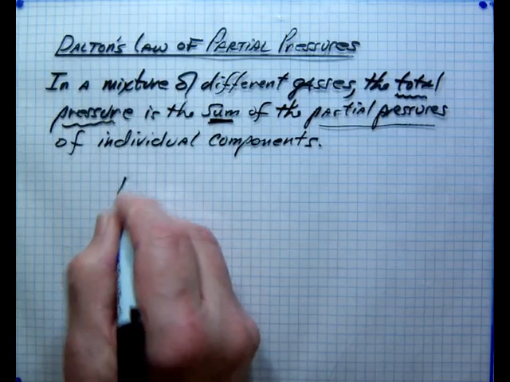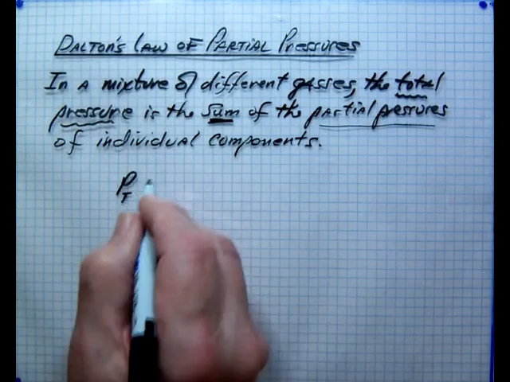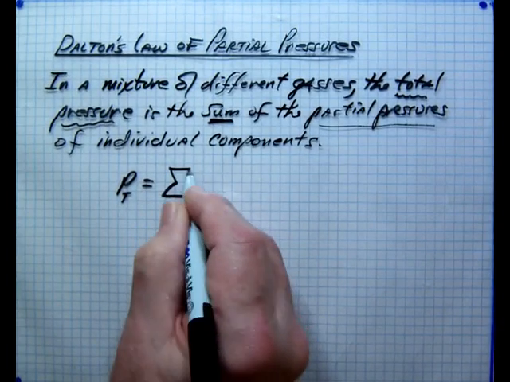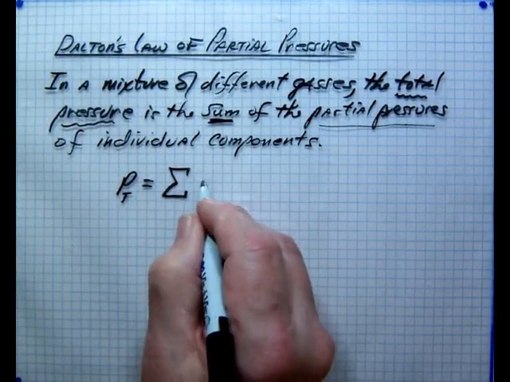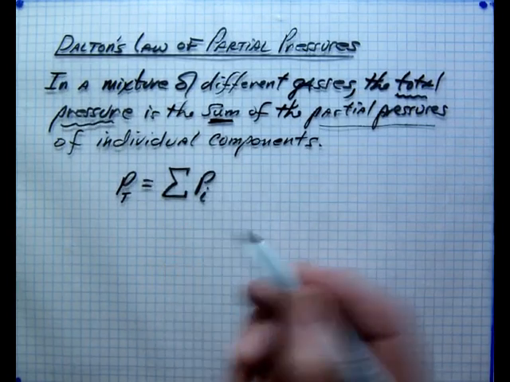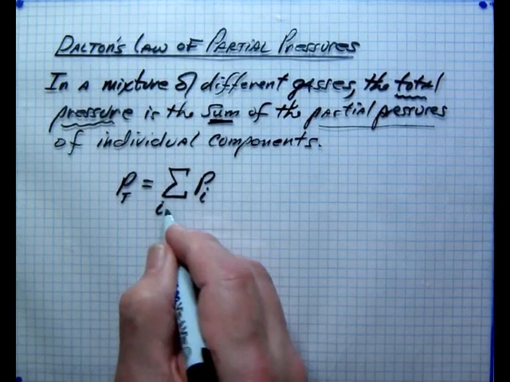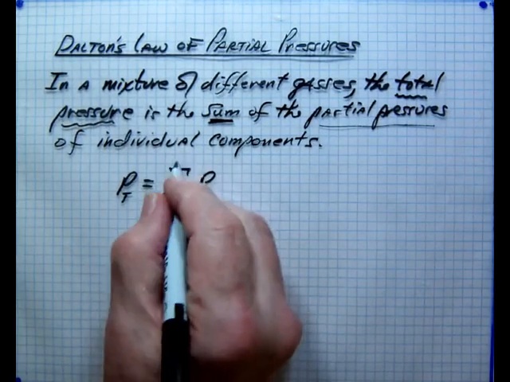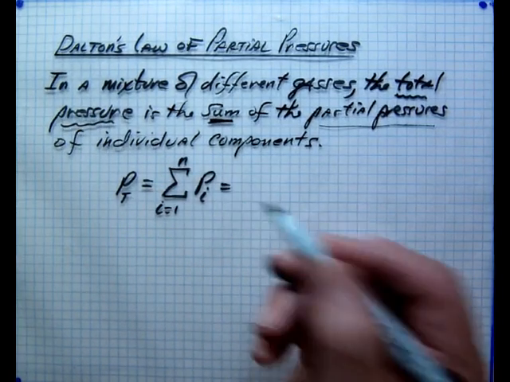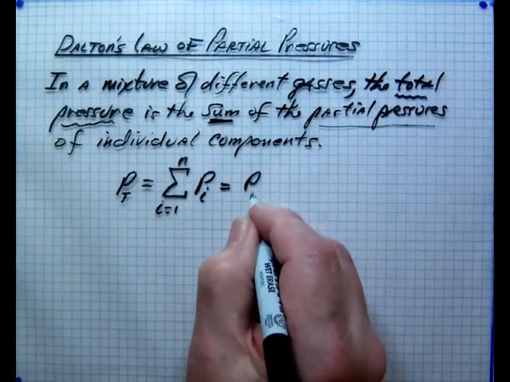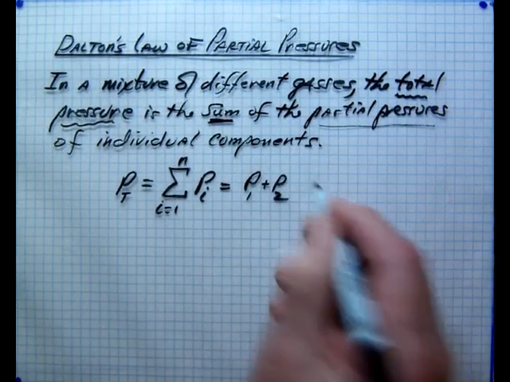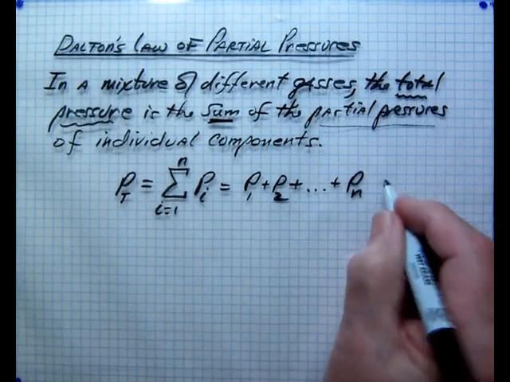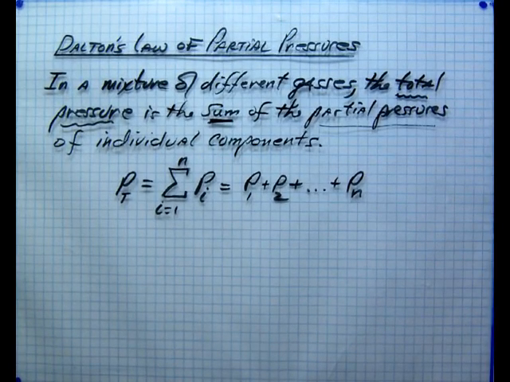It shows up like this: P total is equal to the sum, sigma, of all the individual pressures from i equals 1 to n. It simply means pressure 1 plus pressure 2 plus on up to the nth pressure equals the total pressure.